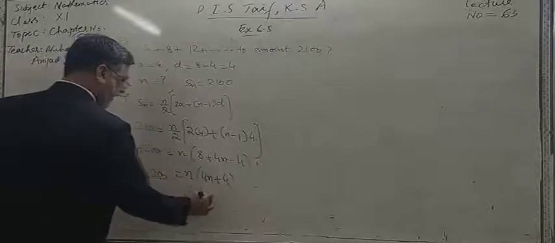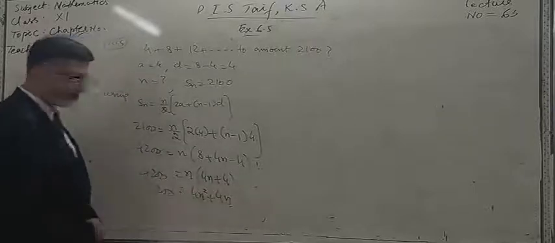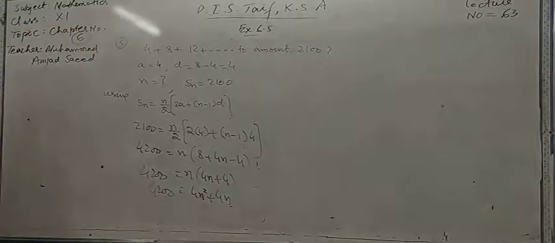This is 4n square plus 4n, 4200. Dear students, we can divide both sides by 4. What will we get?